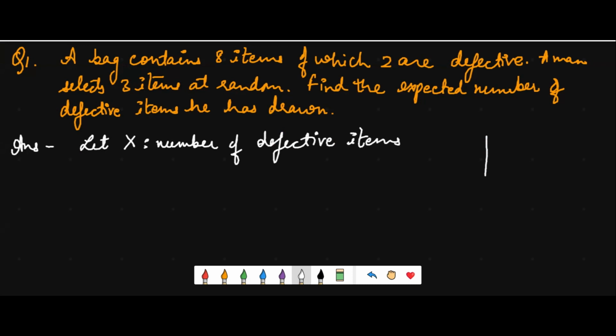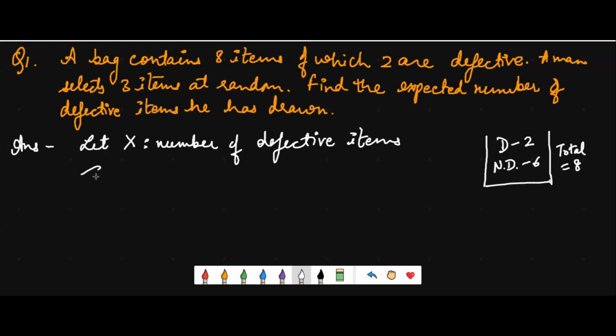So if I consider a bag in which defective articles are 2 and the non-defective are 6, so the total becomes 8. So there are total 8 items in a bag. Now, the man is selecting 3 items at random.